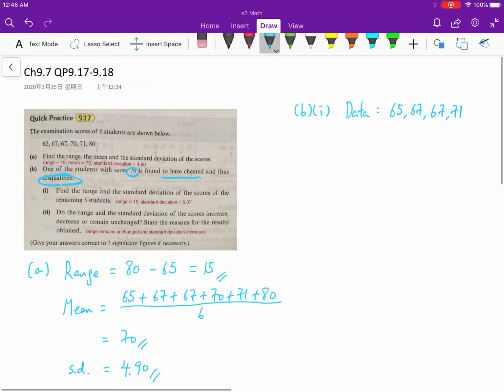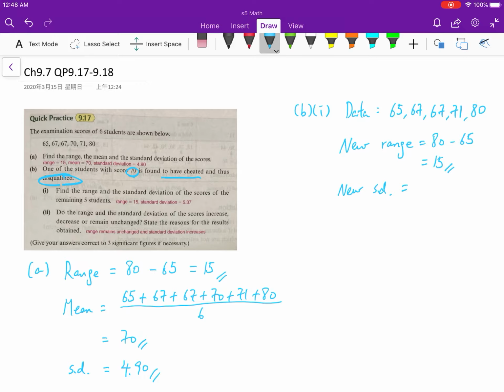So now the new data becomes these 5. And then we are going to find the range and the SD of this new set of data. We get a new range, and you will find it's still 80 minus 65, which is 15.